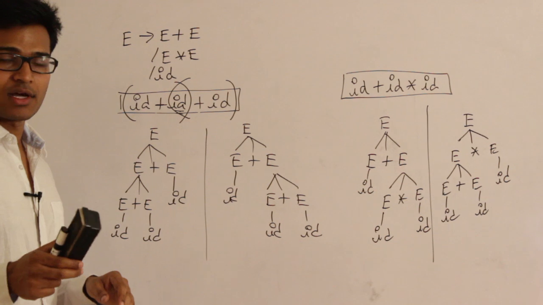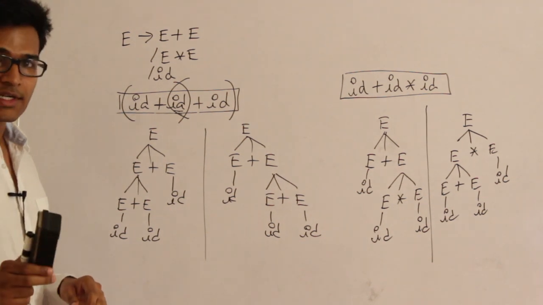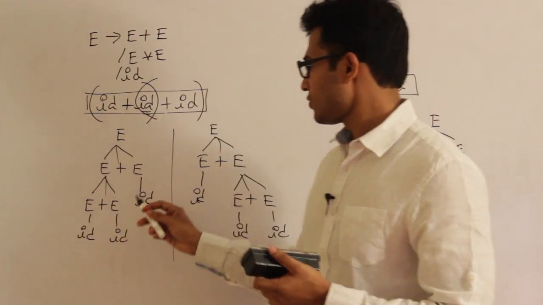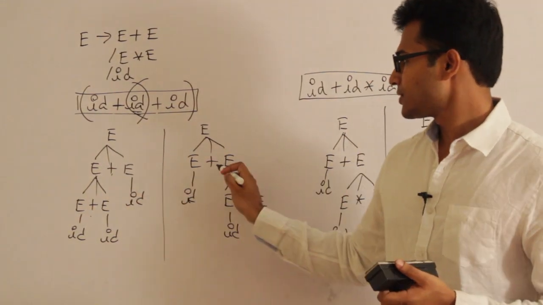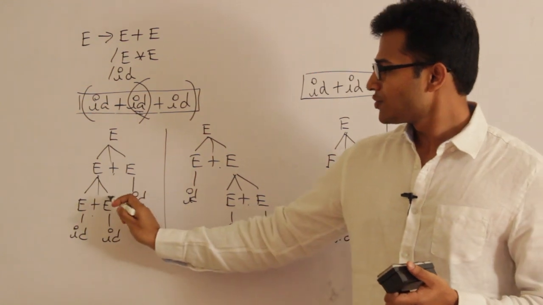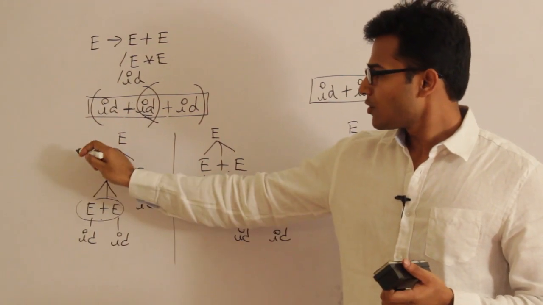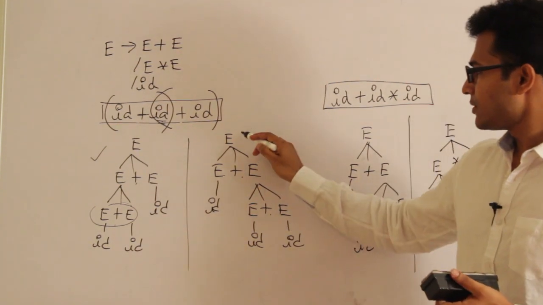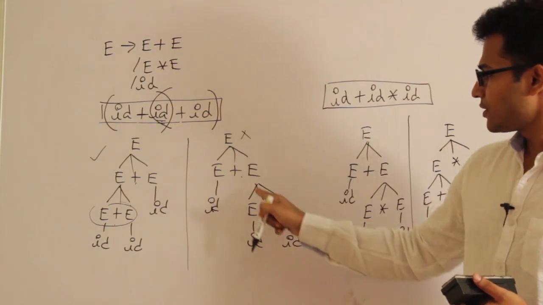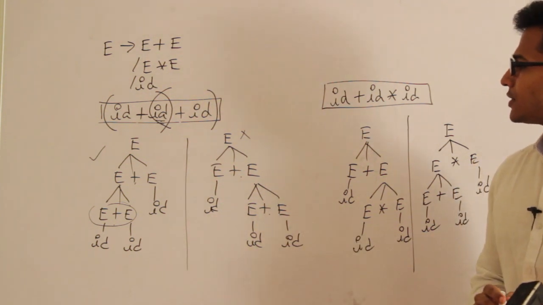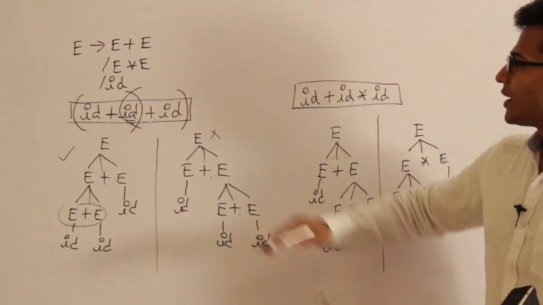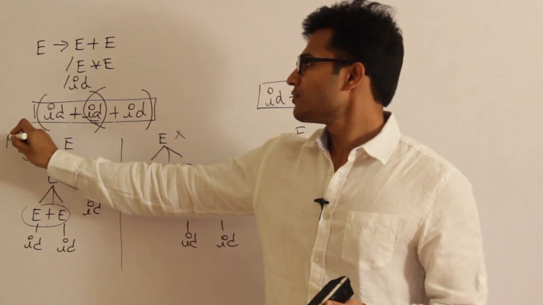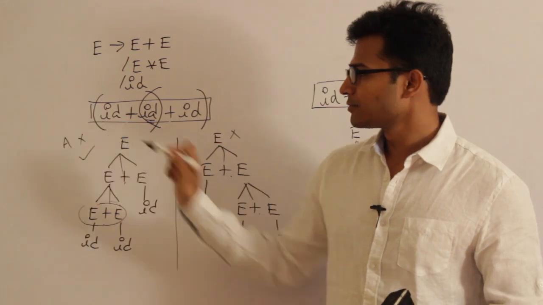See, only for plus associativity doesn't matter, but still plus is left associative, which means if I have two pluses, here plus and here plus, the leftmost should be evaluated first. Therefore this parse tree is right. Why? The leftmost plus is evaluated first, and this parse tree is wrong. The reason is the rightmost plus is getting evaluated first. So this grammar failed because the rules of associativity failed completely.